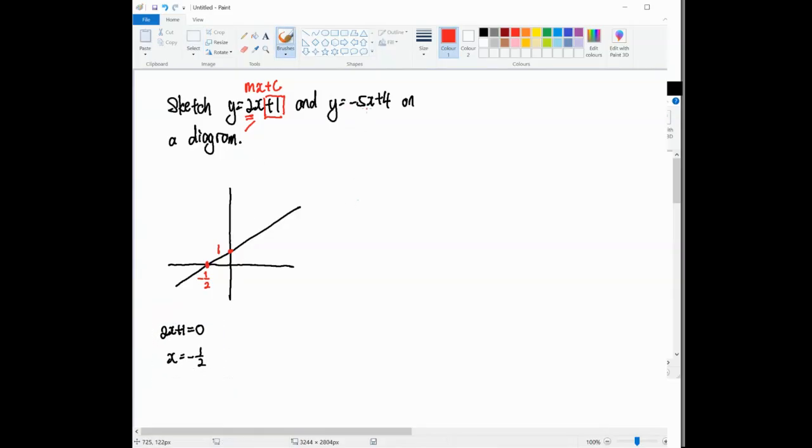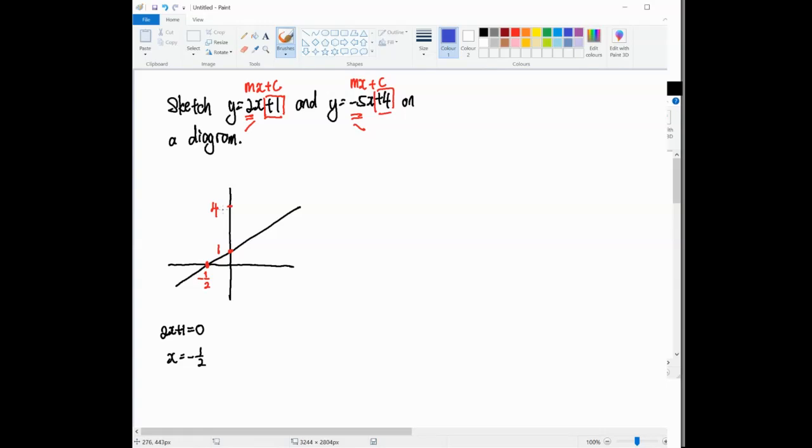Next, we want to sketch this function, and we realize that this equation also satisfies the linear law, which is y equals mx plus c. As a result, this function is also a straight line. However, the gradient is negative, so it is downward sloping, and the y-intercept is positive 4. So positive 4 is slightly higher than 1. So let's say this is 4.